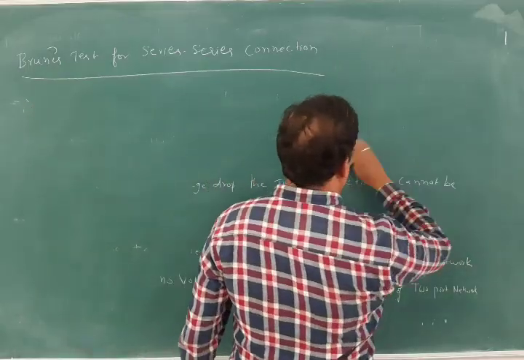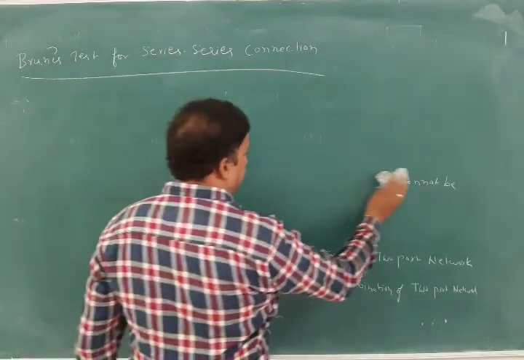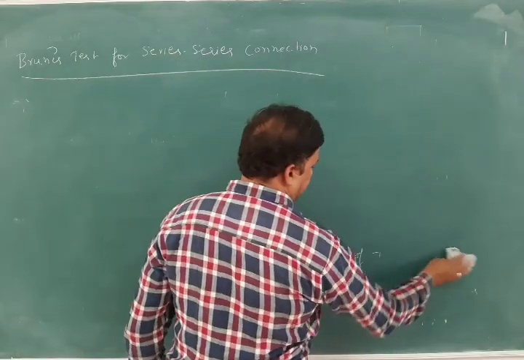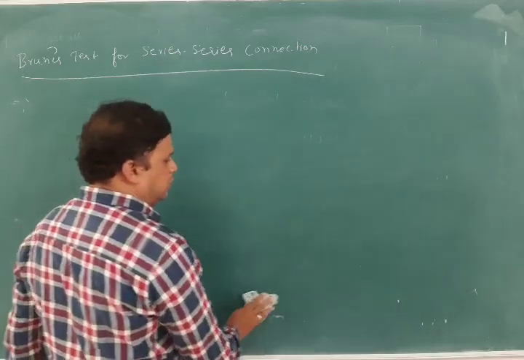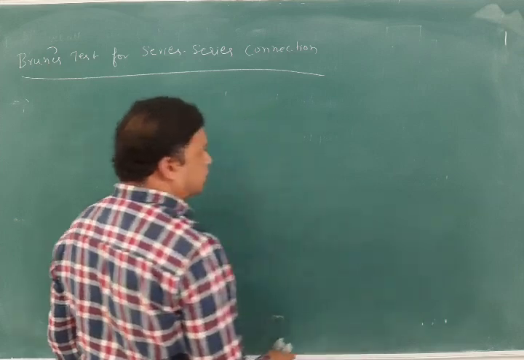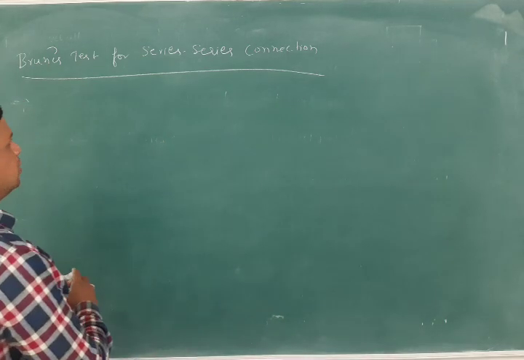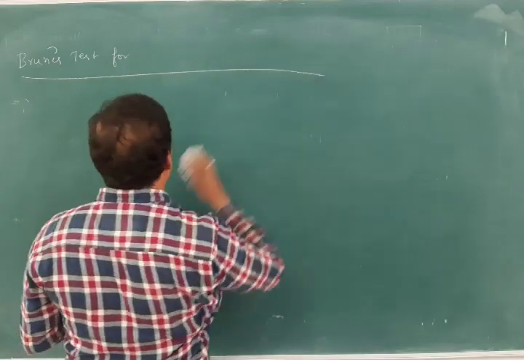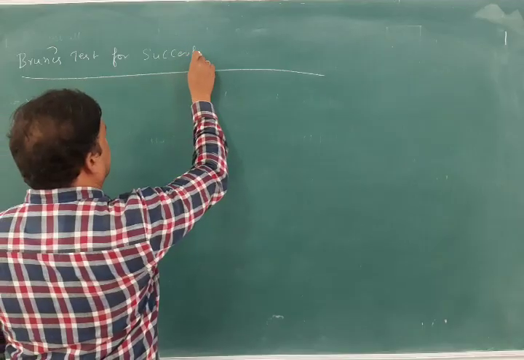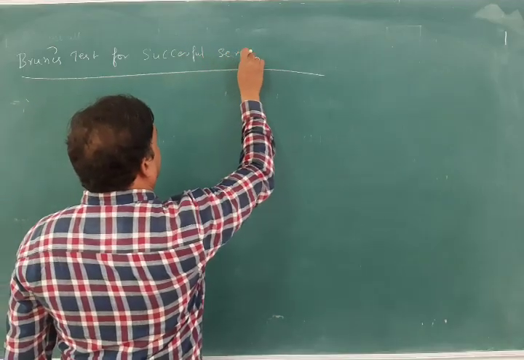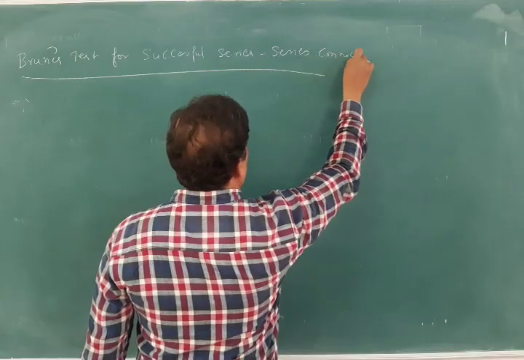If they are satisfied, then the Brune test is working and the combination can be done. Otherwise, if any one of these three rules fails, we cannot accept the Brune test for the two-port networks, and the test has failed or is unsuccessful.